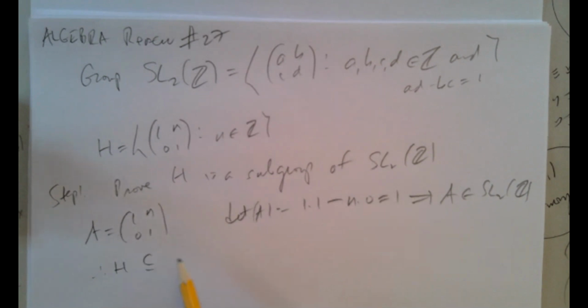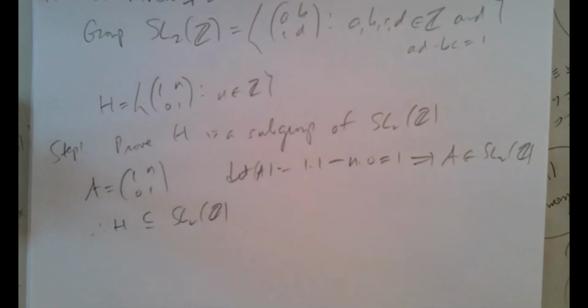So H is certainly a subset of SL2Z. And the identity 1, 0, 0, 1 is in H, because this is just the case n equals 0. So H contains the identity.